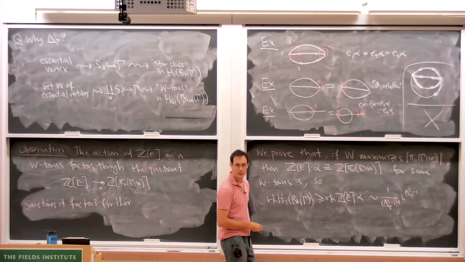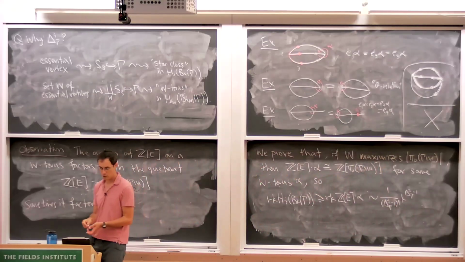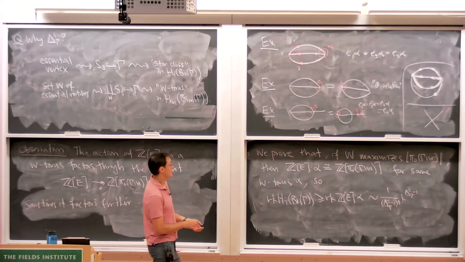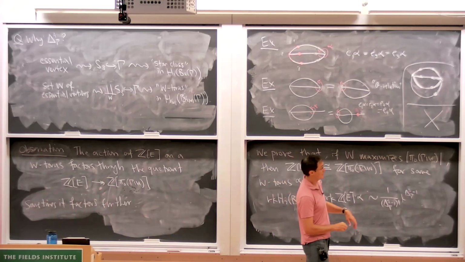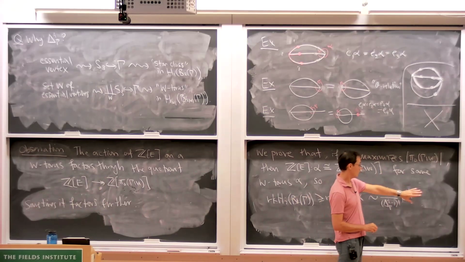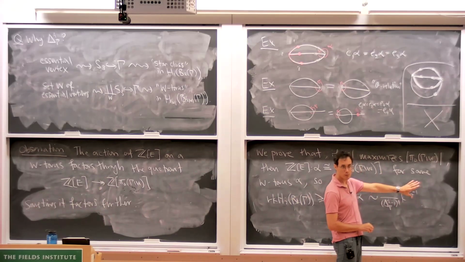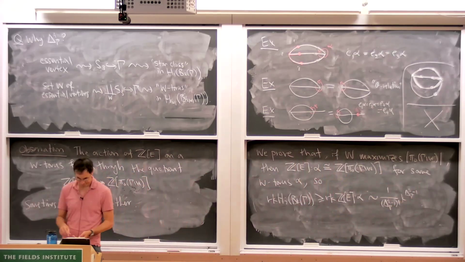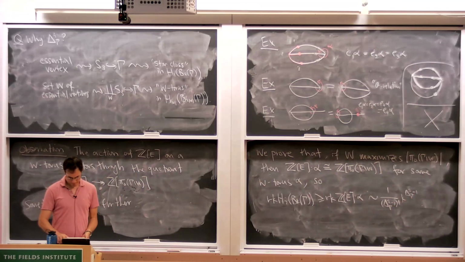That's an easy calculation that you can make. So this tells us that at least the degree of growth of the Hilbert polynomial must be no smaller than delta minus 1.